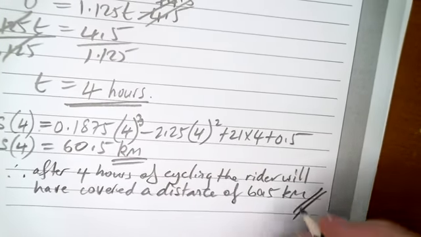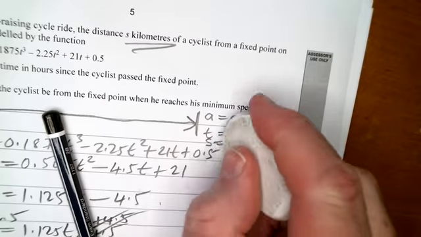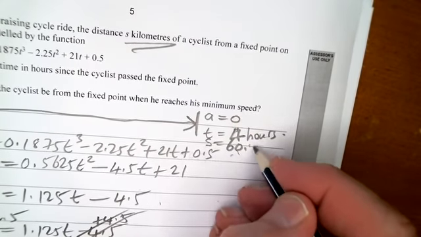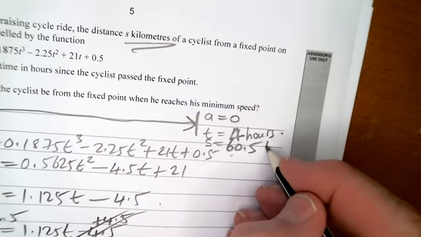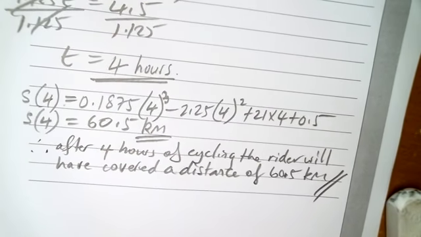Let's write that point there. So s is, and now we can write it in here as well. That's 4 hours, and this is 60.5 km, kilometers. All right. Hopefully that makes sense. Let me know.